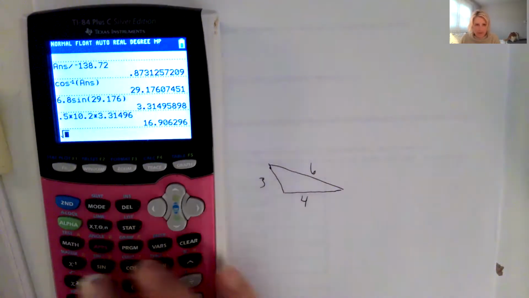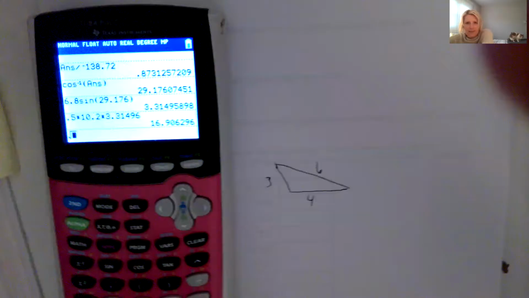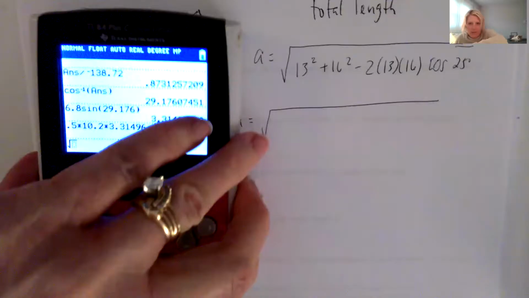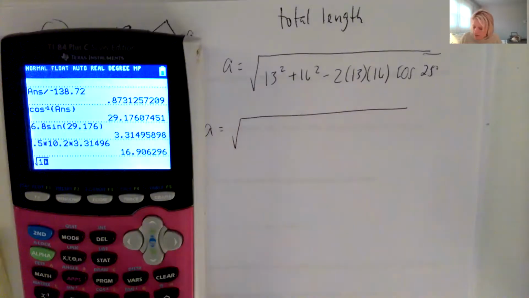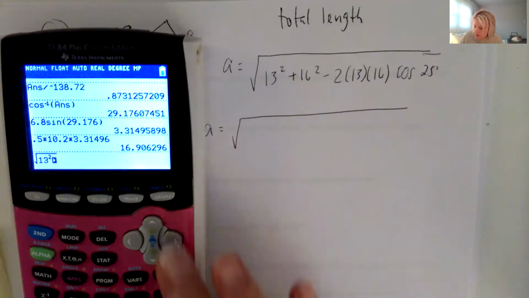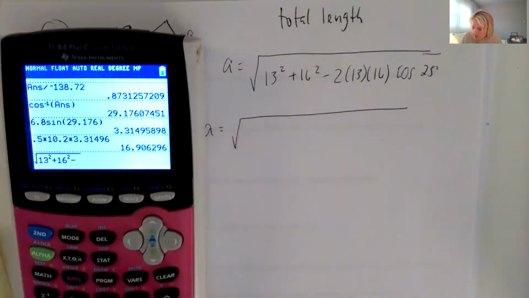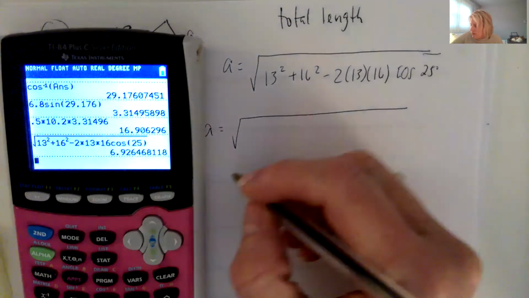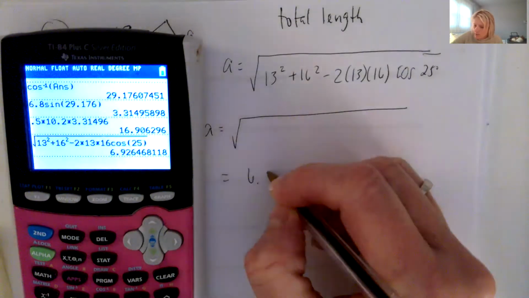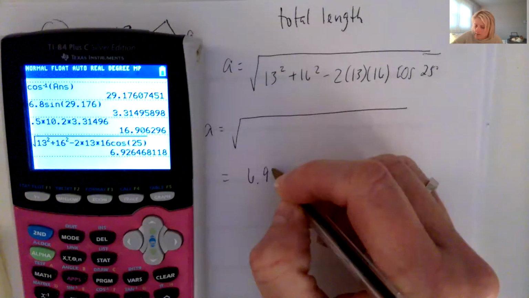Okay, so here we go. The square root of this: 13 squared plus 16 squared minus 2 times 13 times 16 cosine of 25. And we get 6.926.